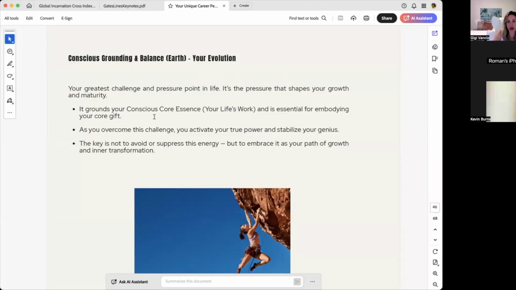It grounds your conscious core essence, which is your life work. This grounding energy is essential for embodying your core gift. So it's the embodiment of it. And as you overcome this challenge, you activate your true power and you stabilize your genius. The key is not to avoid or suppress this energy, but to embrace it as your path of growth and inner transformation.